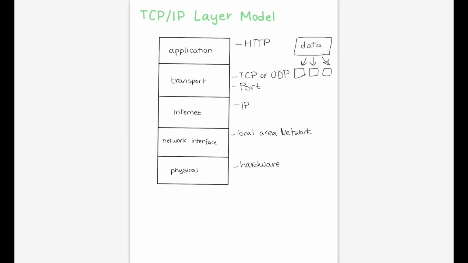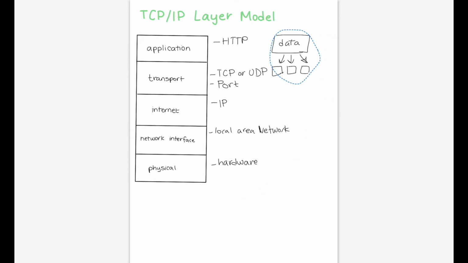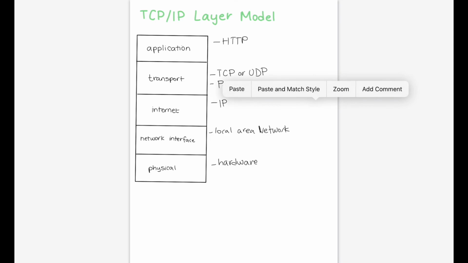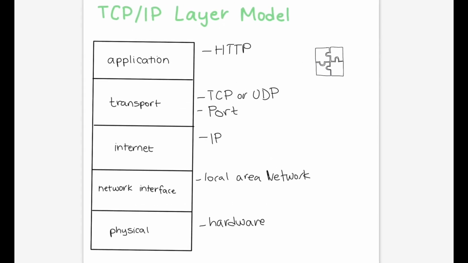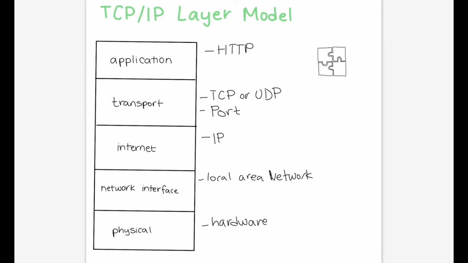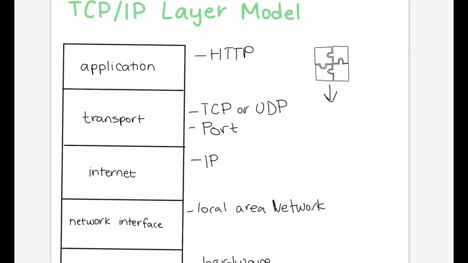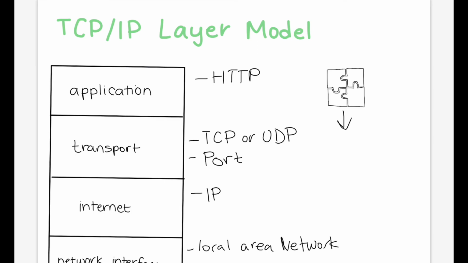So let's think of an analogy for this. I like to think about the puzzle piece analogy. Say you have a puzzle and you completed it and you want to send it to your friend. Well, you are going to take it to the post office, and the post office is going to be like, hey, this puzzle is way too big.